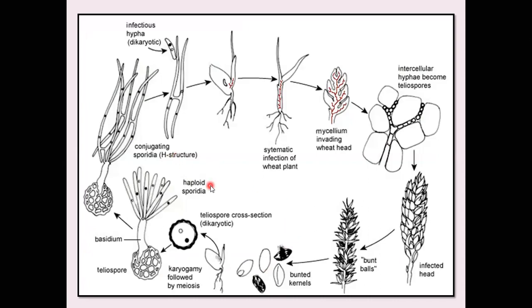To see the disease cycle: the teliospores in the soil germinate. Suppose infected airheads have a few grains converted into blackish spore mass; these bunted balls or infected grains become debris in the soil, or the infected seeds are used for sowing.